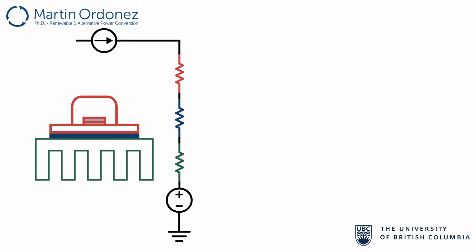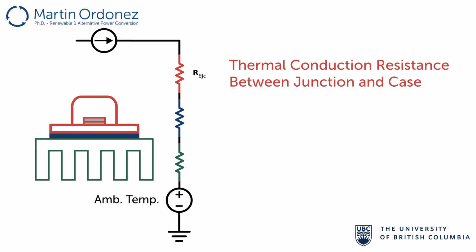A MOSFET is connected to a heatsink via a proper thermal conductor. The heat produced inside the MOSFET goes through the materials and then is dissipated by the heatsink. Therefore, we can define three different resistances between the junction of the MOSFET and the ambient temperature, which is taken as reference. The red one, R theta JC, is the thermal resistance between the junction of the MOSFET and its case.